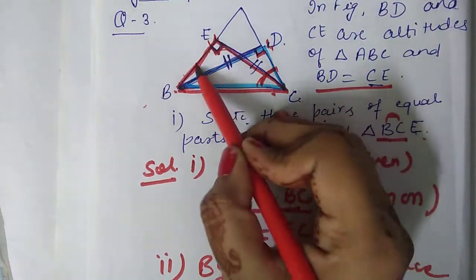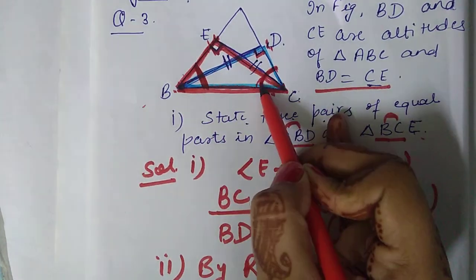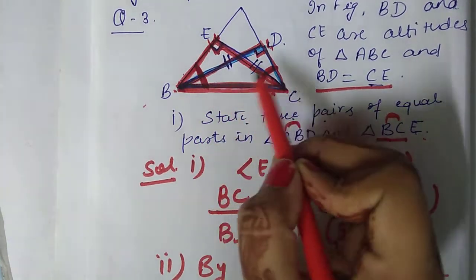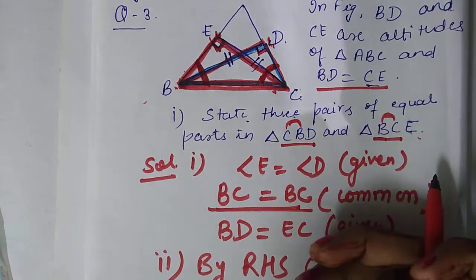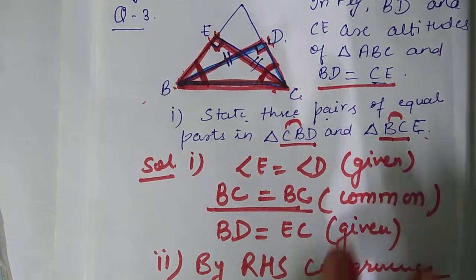Yes, they are equal, because this complete angle is the part of this triangle, and this angle is the part of this triangle. And they are congruent, we have proved. So they are equal by CPCT, corresponding parts of congruent triangles. Okay, so this is your RHS rule.